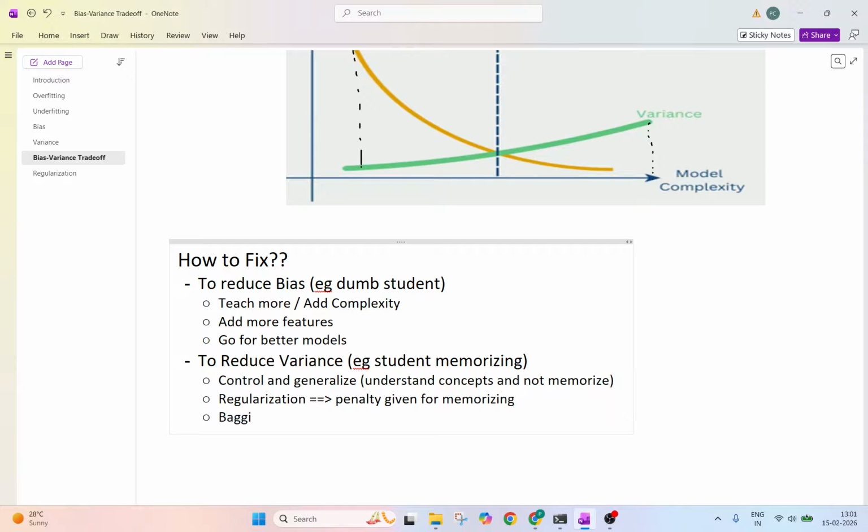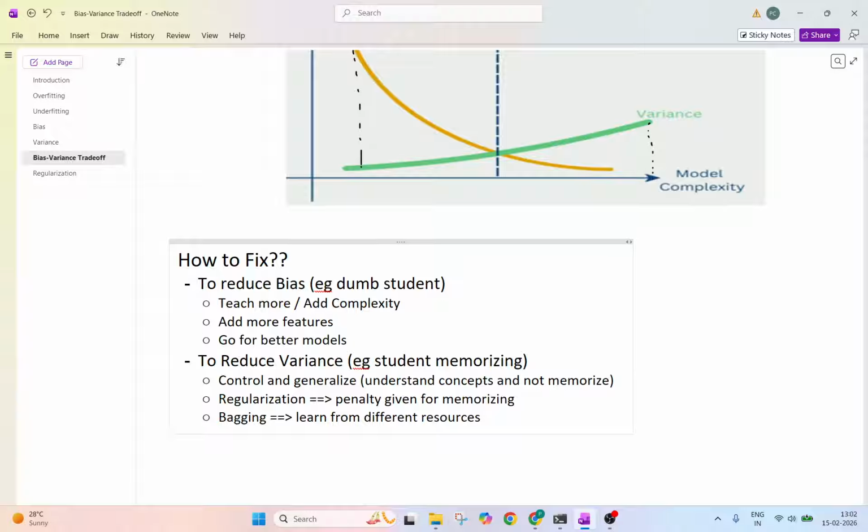There's another method called bagging. Bagging and boosting are part of our ensemble techniques, which we'll learn in later lectures. What bagging does is it helps the student learn from different resources. Do not be contented with only one textbook. Learn the concept from different textbooks so that you are not memorizing what is written in one particular textbook, but understanding the concept.